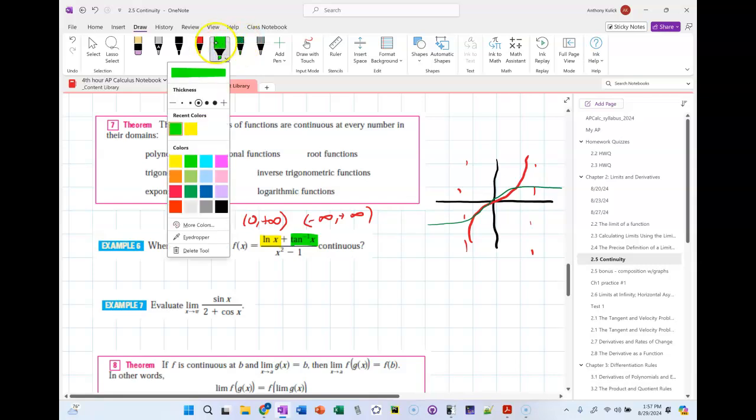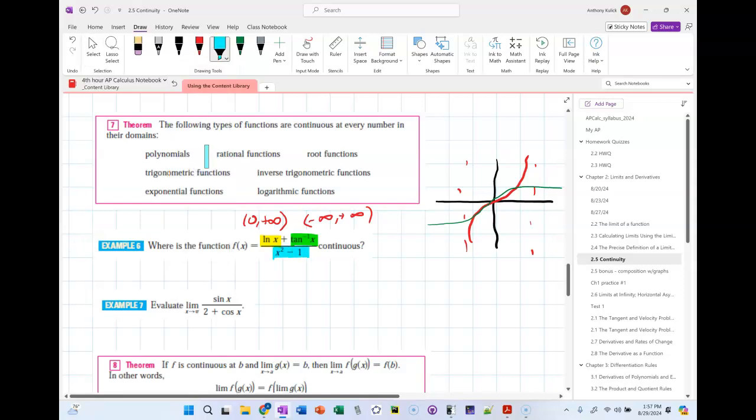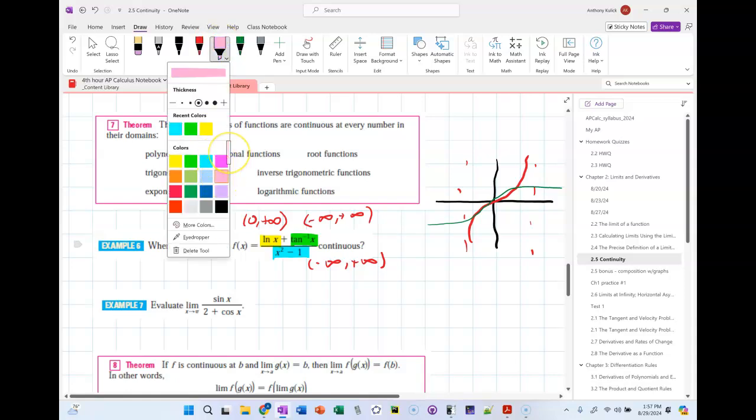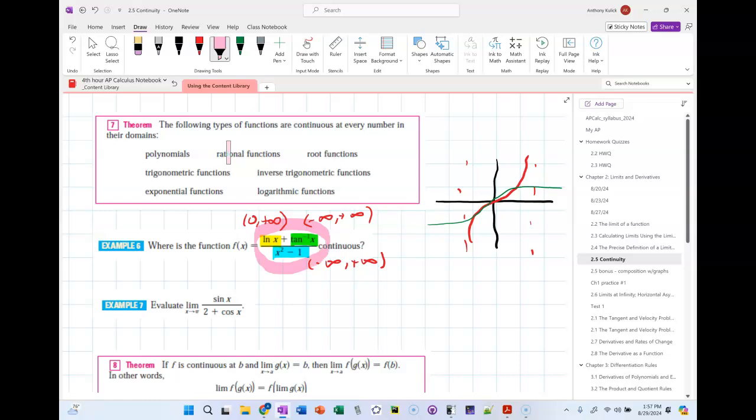And then I know that the polynomial, what's the domain on a polynomial? All real numbers also, very good. And then we also have to worry about the fact that this is a rational function, right? Where is that denominator 0? 1 and negative 1, right?